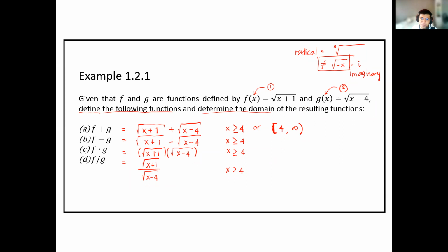I think the other term for this, when your equation is invalid, is when you try this in your calculator, the calculator will tell you invalid or math error. So we try to avoid those input parameters, those domain values.